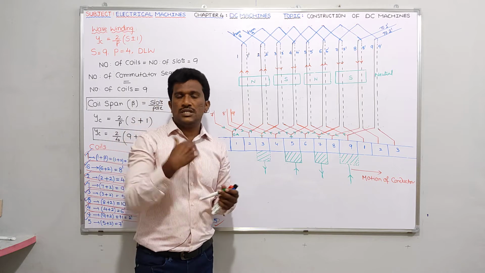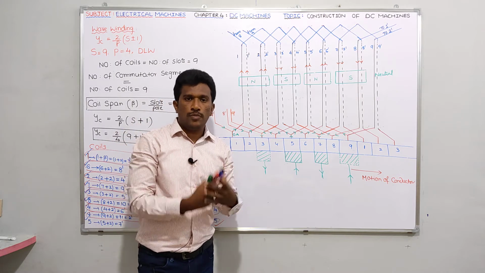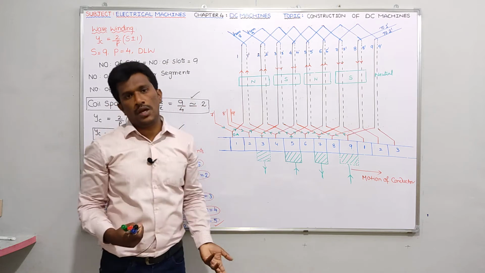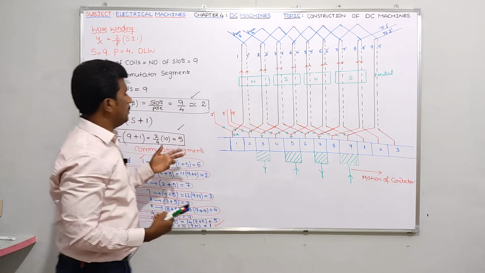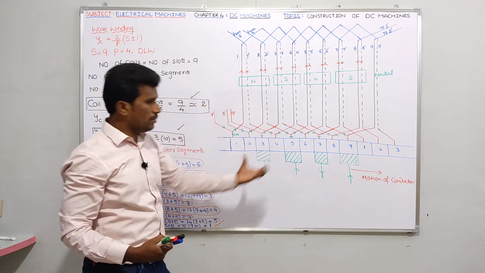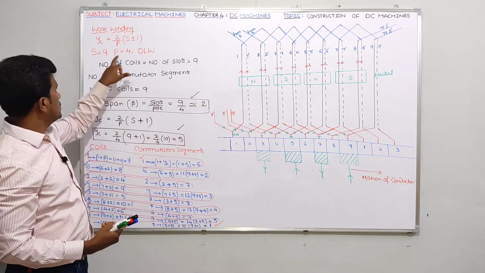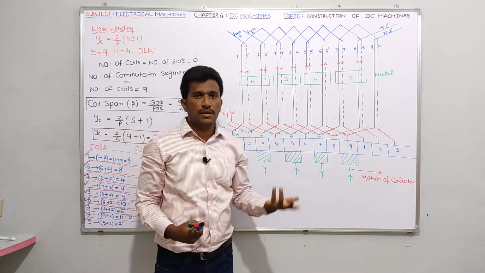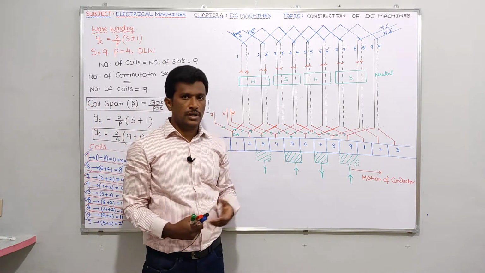Suppose for a large DC machine, if you want more brushes, the number of brushes may be equal to the number of poles. For example, if you take this one also as a brush, and this one also, it becomes 4 brushes, and the number of poles equals 4. So at that time the number of brushes will be equal to the number of poles, which is 4.